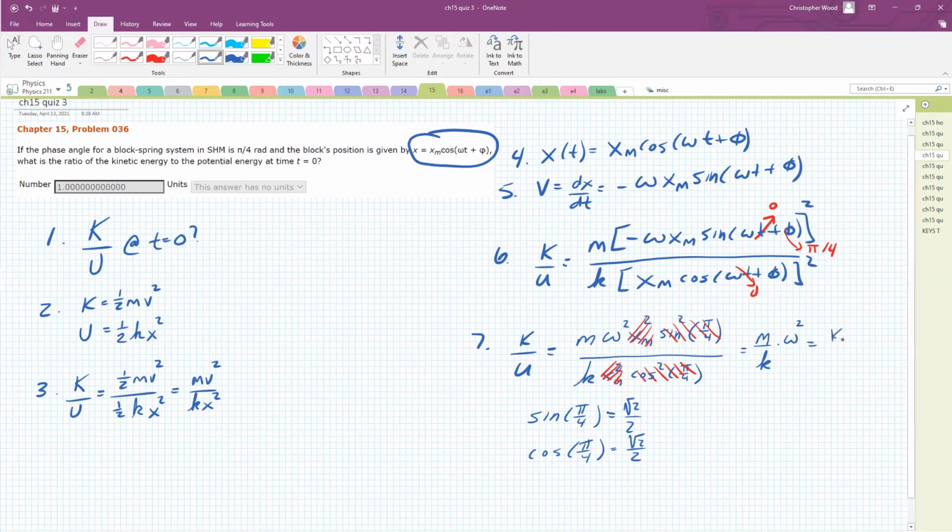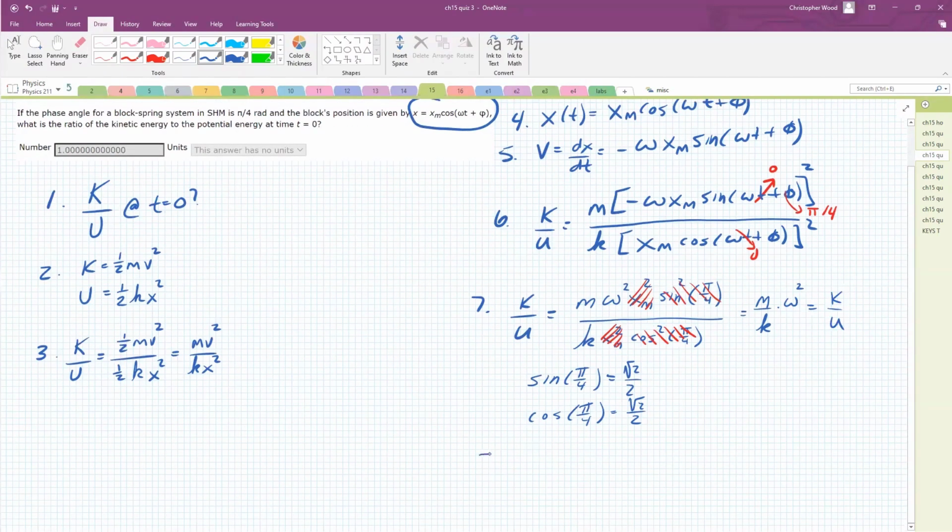This really is the ratio of kinetic energy to potential energy. Number 8, let's use omega squared is defined as K over M. So here's what I have. The ratio of kinetic energy to potential energy is going to be M over K times omega squared, which is K over M, equals 1.